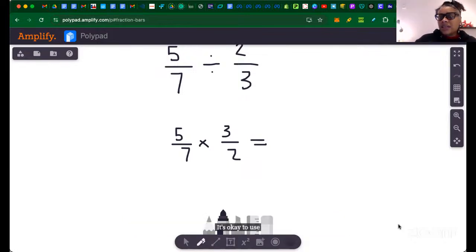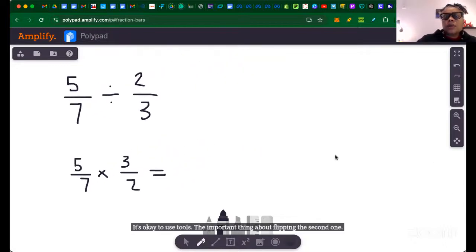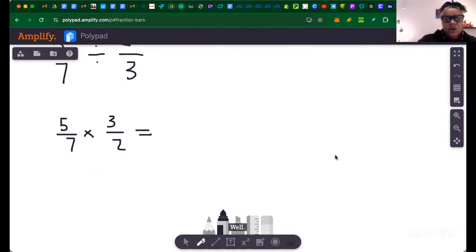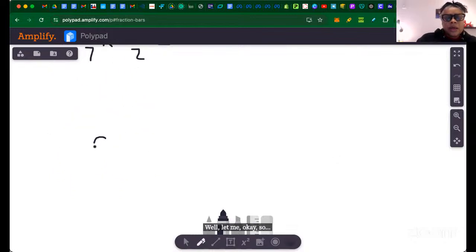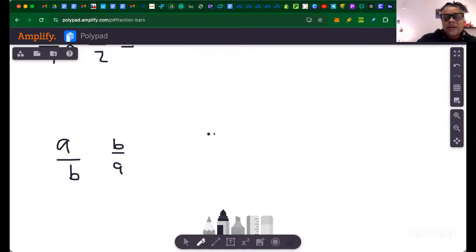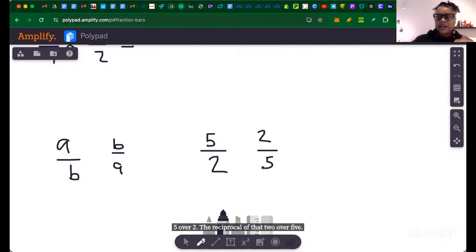The important thing about flipping the second one, well, let me, okay, so A over B, the reciprocal of that is B over A. 5 over 2, the reciprocal of that, 2 over 5. Okay, the numerator and the denominator flips.